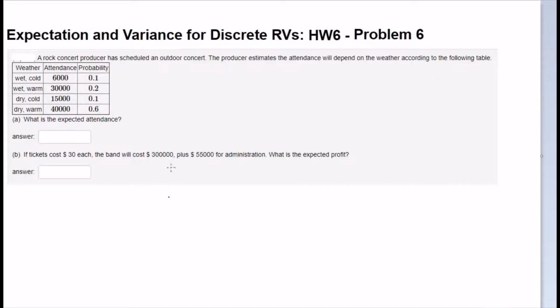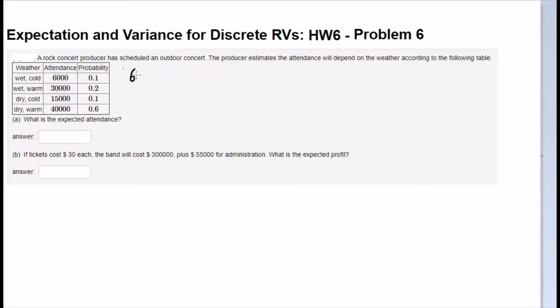Problem number 6. A rock concert producer has scheduled an outdoor concert. The producer estimates the attendance will depend on the weather according to the following table. What is the expected attendance? Again, by the definition of expectation, it's going to be the sum of x times probability p.